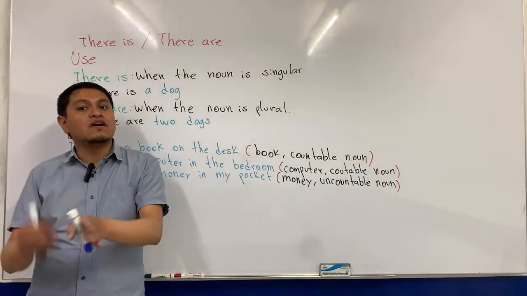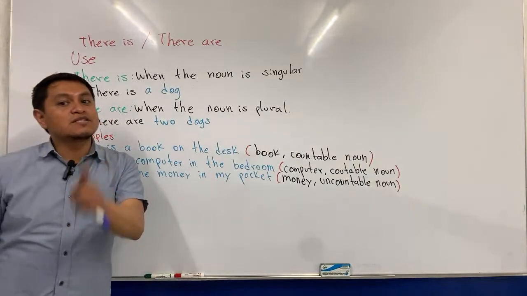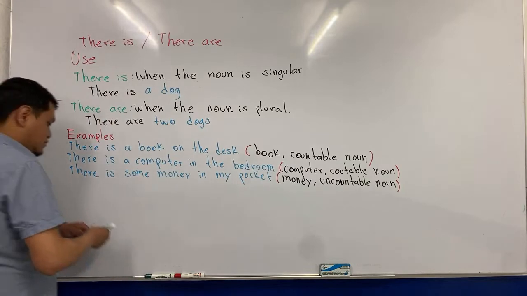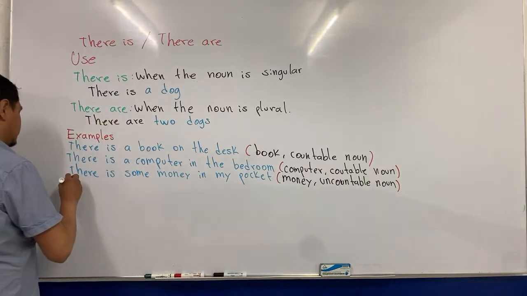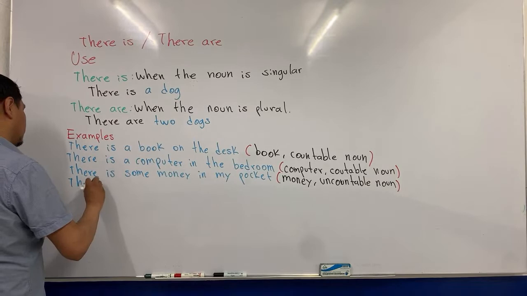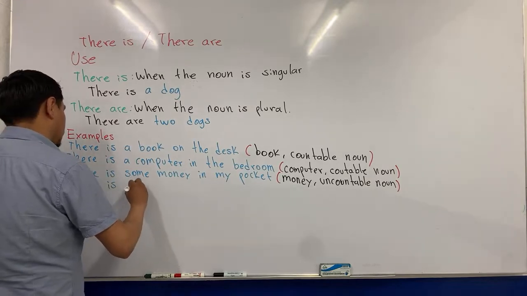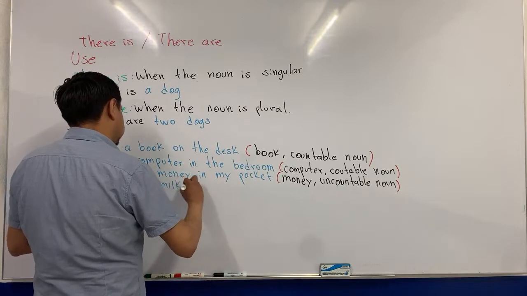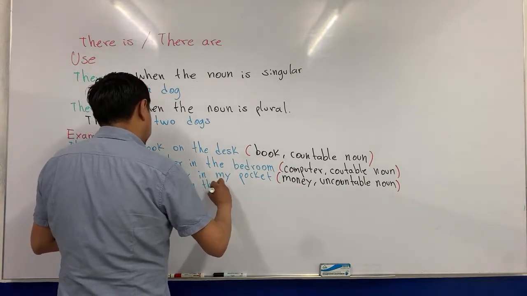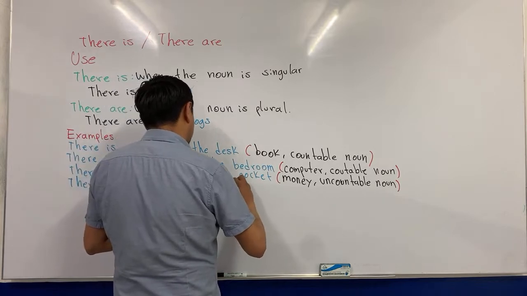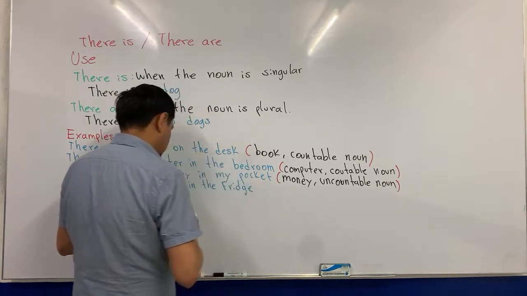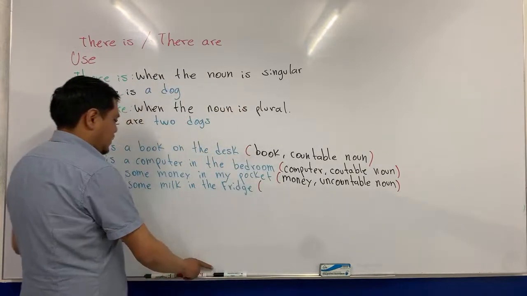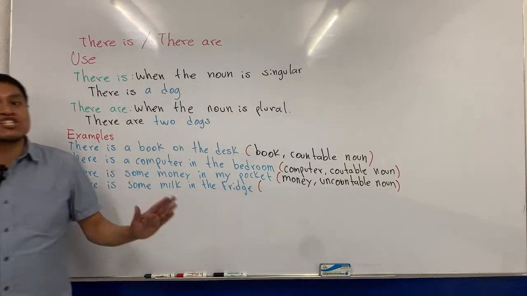Another example with uncountable. There is some milk in the fridge. There is some milk in the fridge.